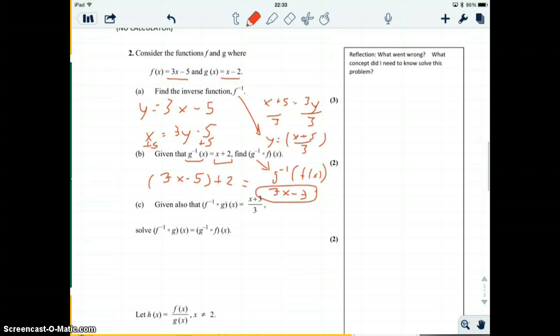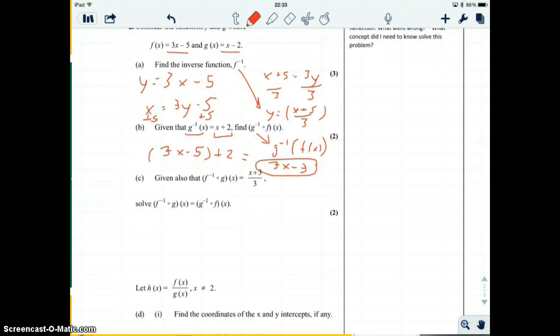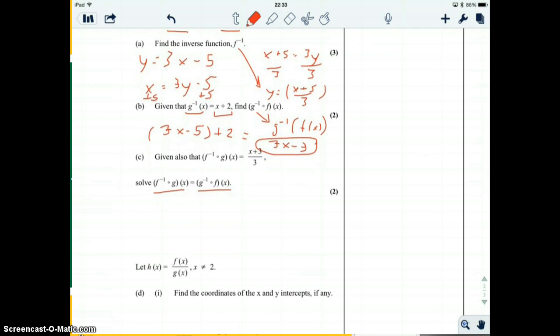Given also that f inverse follows g equals (x plus 3) over 3, solve, and then they have this expression here. So this part is going to be (x plus 3) over 3. And this part is going to be 3x minus 3, right?